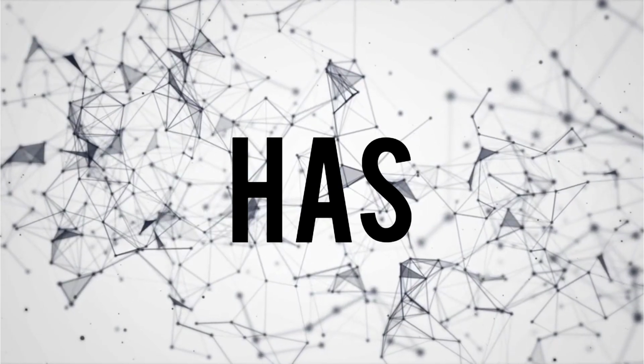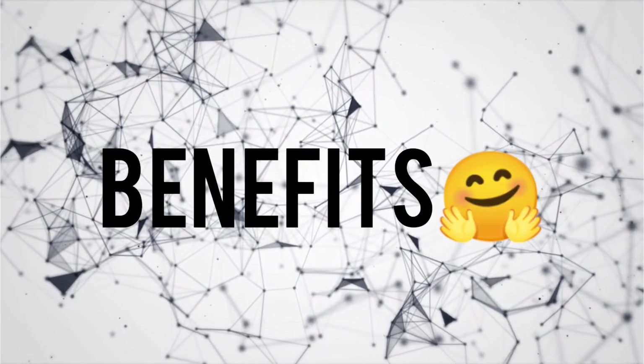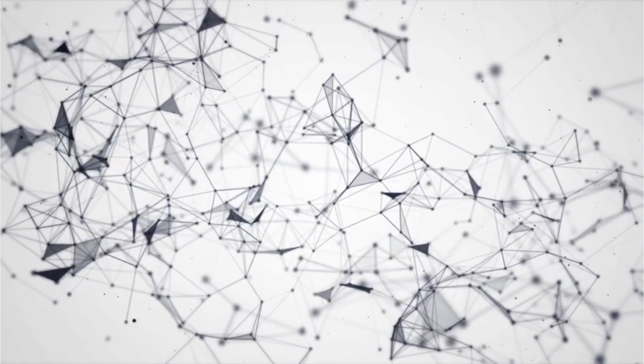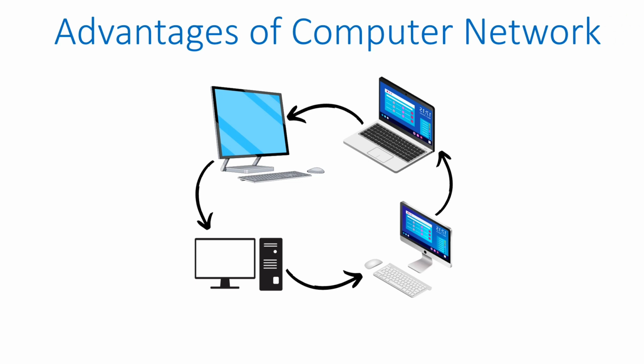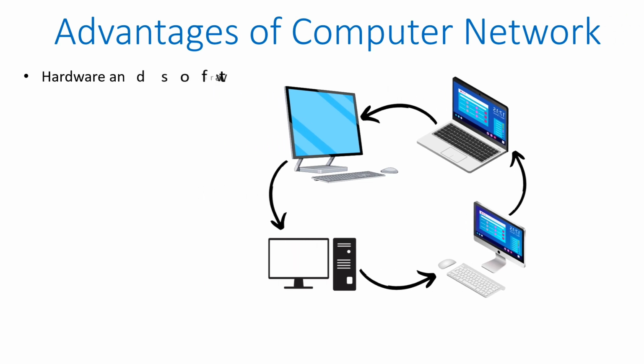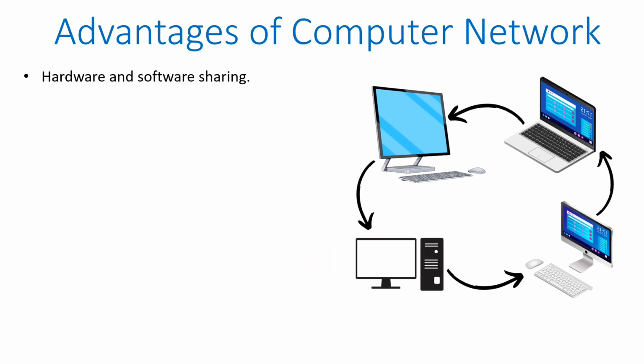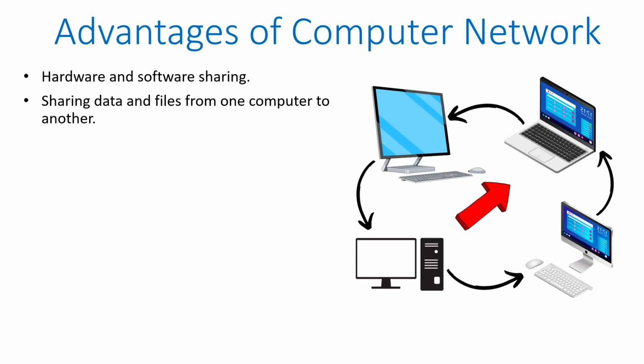Computer network has plenty of benefits. So let's see the advantages of computer network. The first one is it allows us to share hardware and software. So hardware and software of computer can be easily shared in computer network. Similarly, sharing of data and files from one computer to another becomes much easier. We can easily transfer the data files from one computer to another in the network.